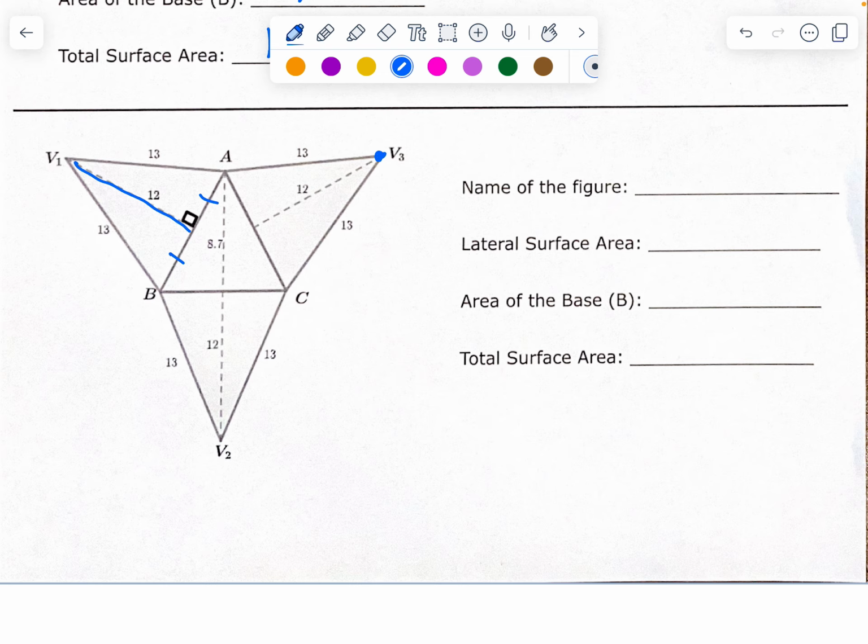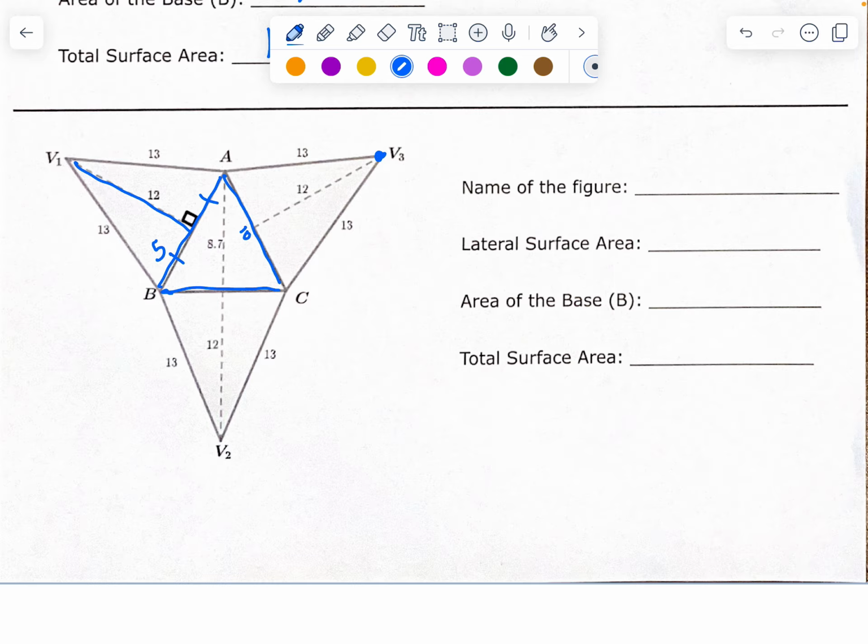And if you look at that, this is a triple of a 5, 12, 13. So this piece is 10, and this piece is 10, and this piece is 10.